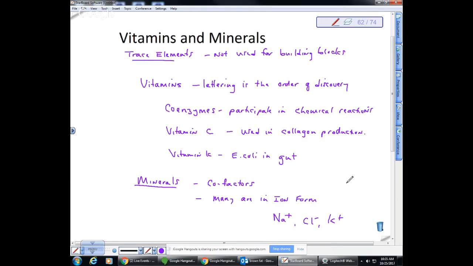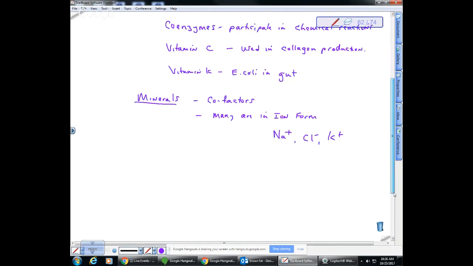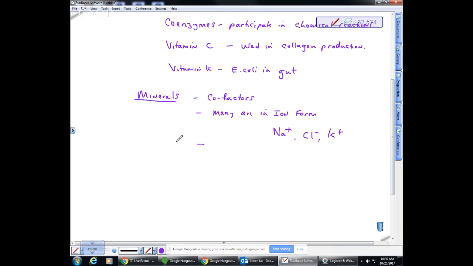So these are all necessary for the proper functioning of your nervous system, because remember that it's the ions moving in and out of the neurons that cause action potentials to be generated and propagated along the length of a neuron. Okay. They can also be attached to proteins. And a good example of that is iron attached to globin.